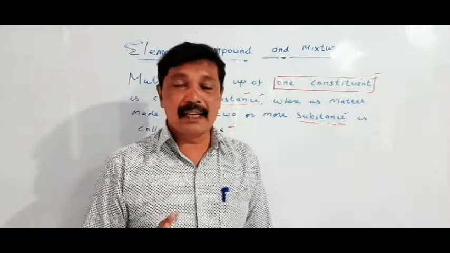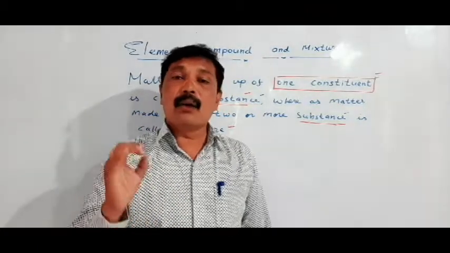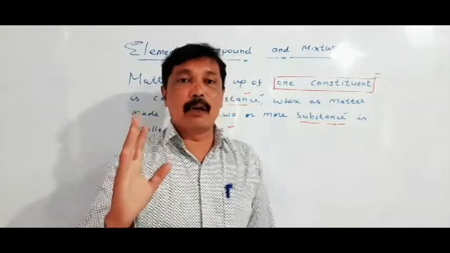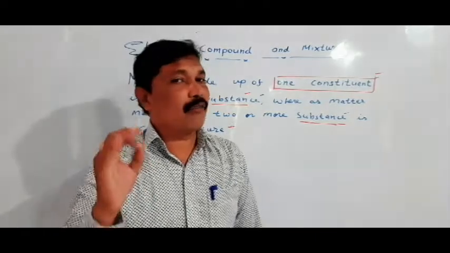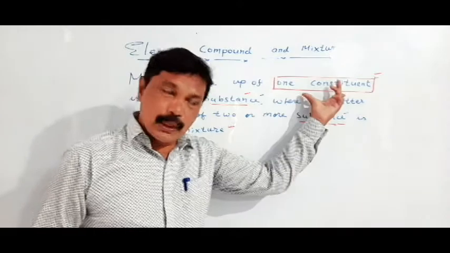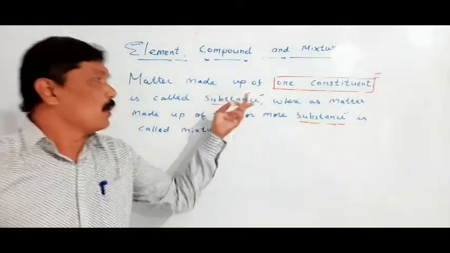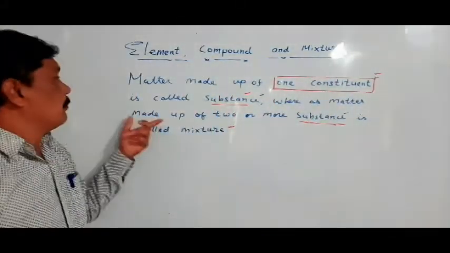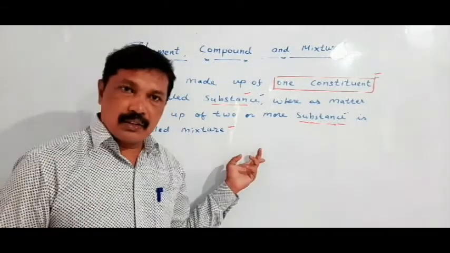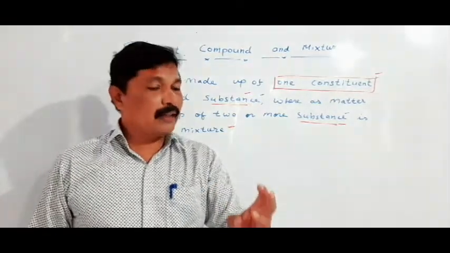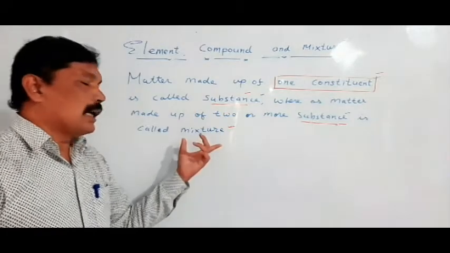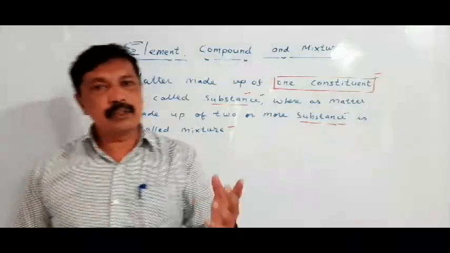Therefore, we can say that matter also has mass and volume. Mass and volume are the important properties of matter. Matter which is made up of one constituent is called as substance, whereas matter made up of two or more substance is called mixture. So, we have studied object, matter, properties of matter, substance and mixture. That's all, student. We'll stop here.